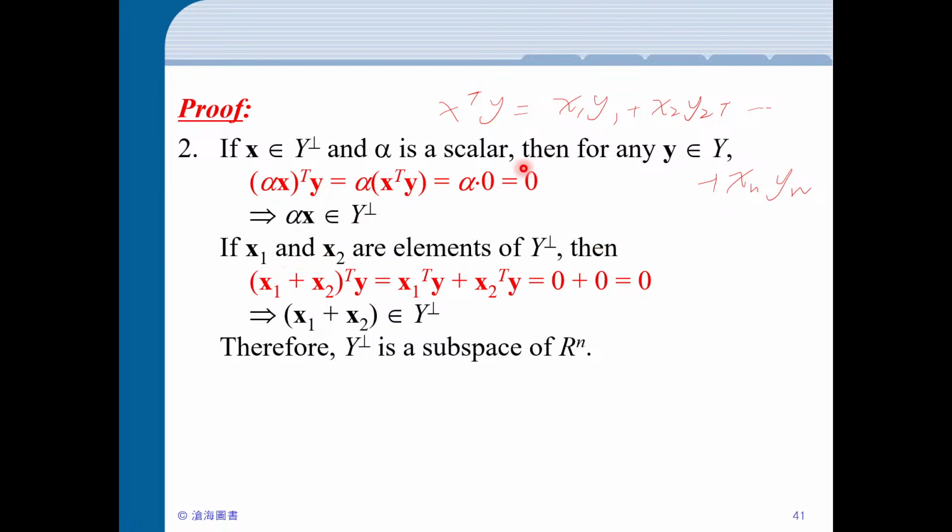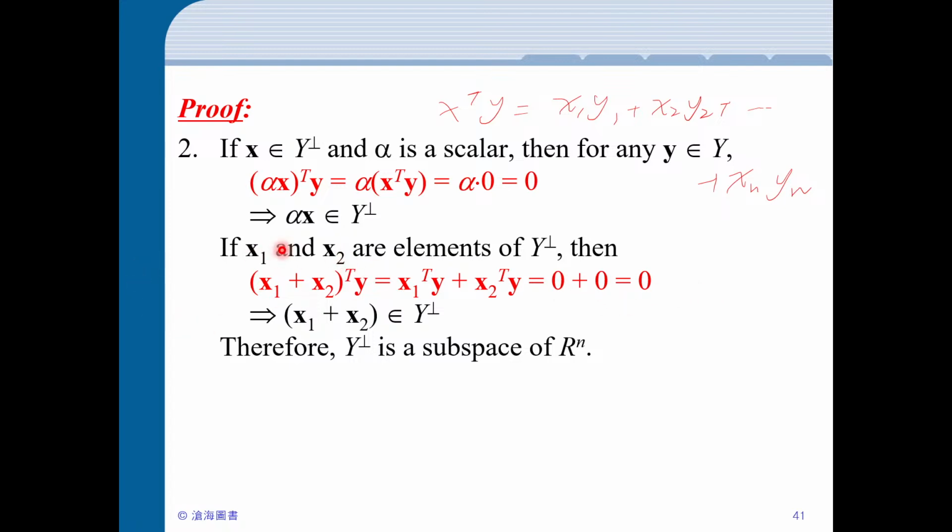Also, if x1 and x2 are elements of Y dual, we break x1 into x11 plus x21, and so on. We see the inner product also respects the addition rule. So the inner product of x1 plus x2 with y is the inner product of x1 with y plus the inner product of x2 with y, which is 0 plus 0, that's 0.